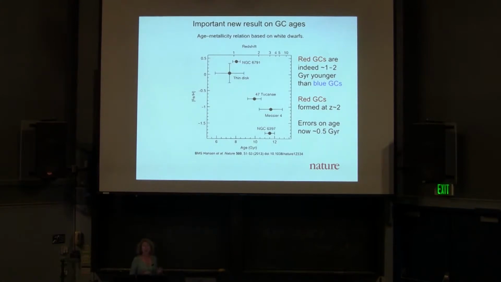The other important new result is that nowadays we can do much better with the age dating. Using white dwarf cooling sequences, we can get ages to about half a gigayear. On this plot, this is a metal-rich globular cluster, this is a metal-poor globular cluster, and indeed the red globular cluster seems to have formed at about a redshift of 2, and the blue globular clusters are about 1 or 2 gigayears younger.